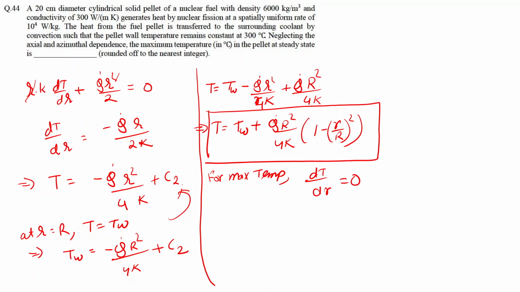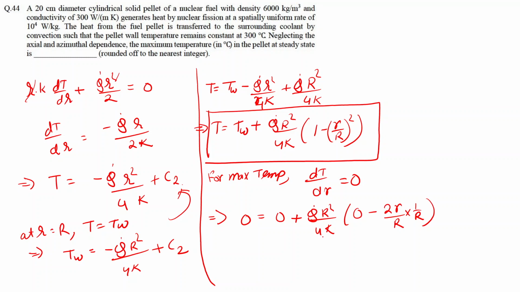So we can just differentiate this equation and equate it to 0. TW is constant, so it will become 0, plus q dot R square upon 4k, differentiation of 1 will be 0, minus the differentiation of x square, which will be 2x, and 1 upon R square.